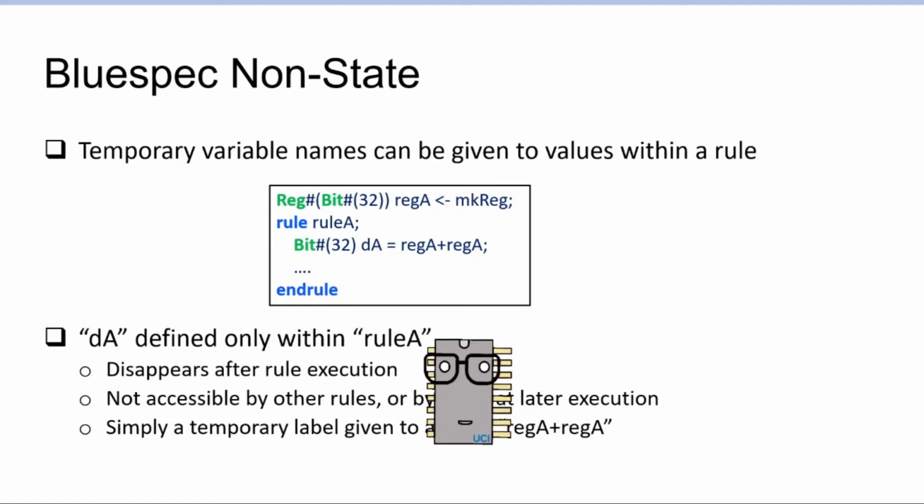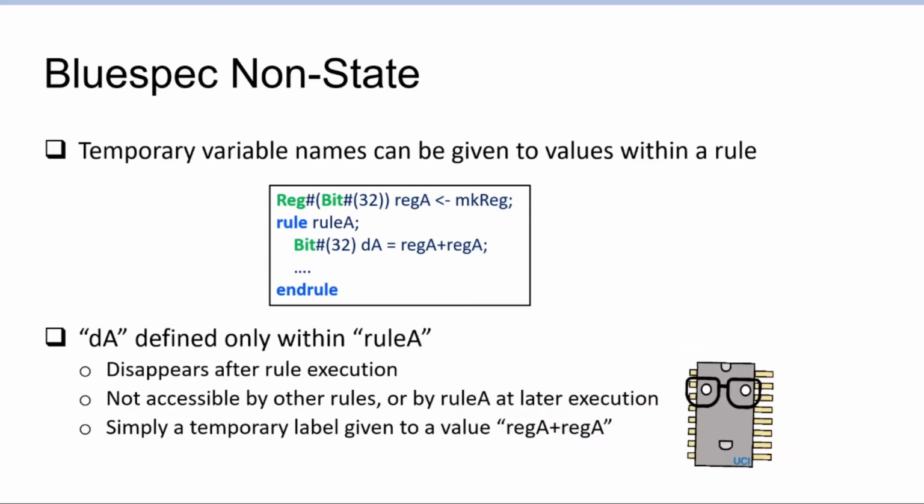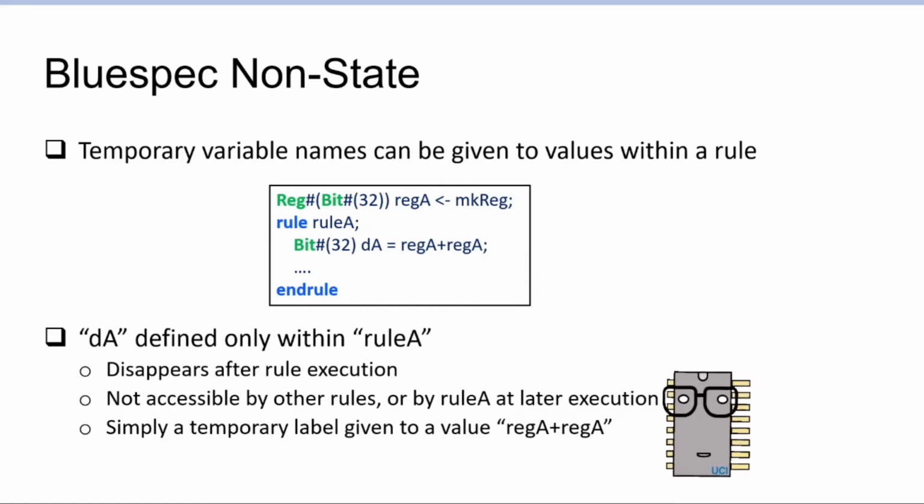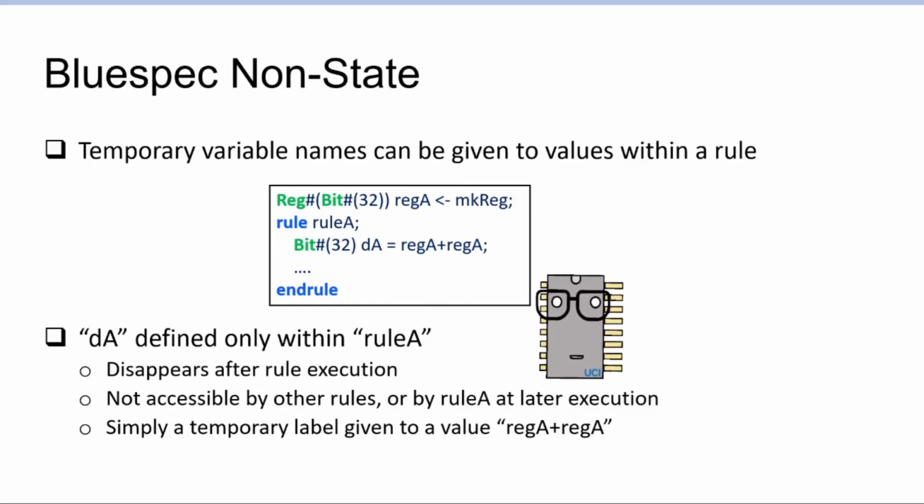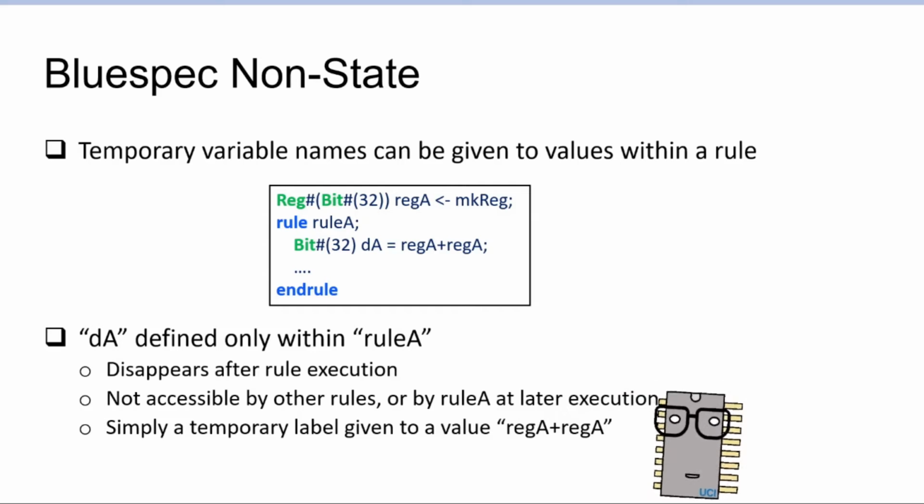So the value that's stored in dA disappears once the execution of rule A is done. This value is not accessible by any other rules or by rule A after the execution of this one rule. So it's very ephemeral, just like a local variable within the context of this single basic block. Yeah, so this is simply a temporary label given to the value reg A plus reg A.